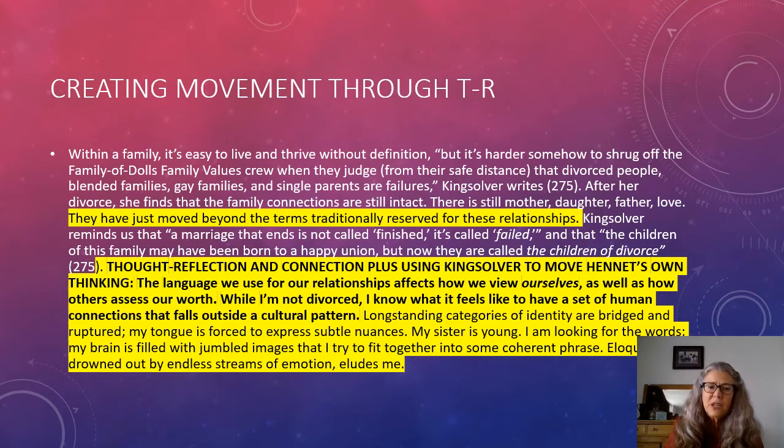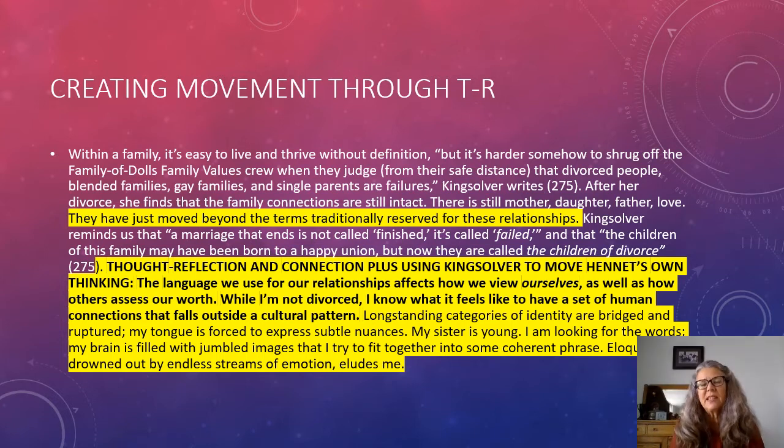The language we use for our relationships affects how we view ourselves, as well as how others assess our worth. Kingsolver's idea focused on how others label and consider the people in a broken marriage. That is, by that term, broken or failed, and how other people see the children of that marriage.